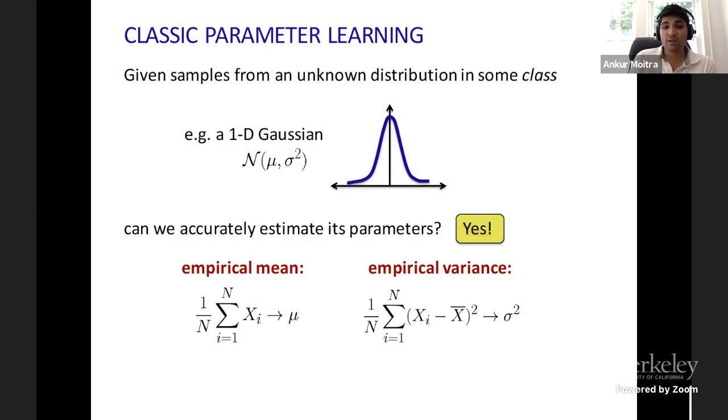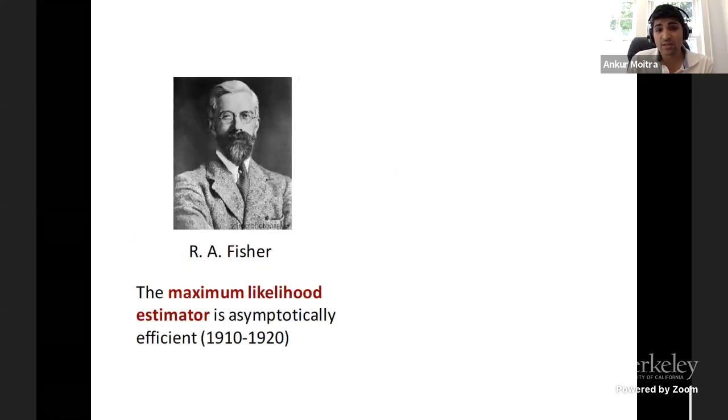In fact, these two estimators, the empirical mean and the empirical variance, are two examples of a more general paradigm within statistics, which is immensely powerful. It's due to Fisher back in the early 1900s, who pioneered the idea of maximum likelihood estimation. You look for the parameters that are the most likely to have generated the data that you observe.